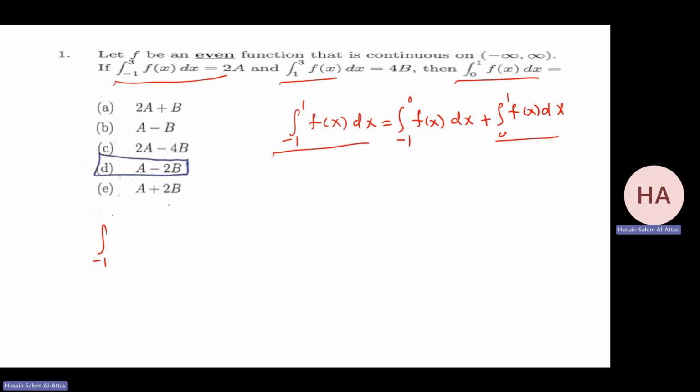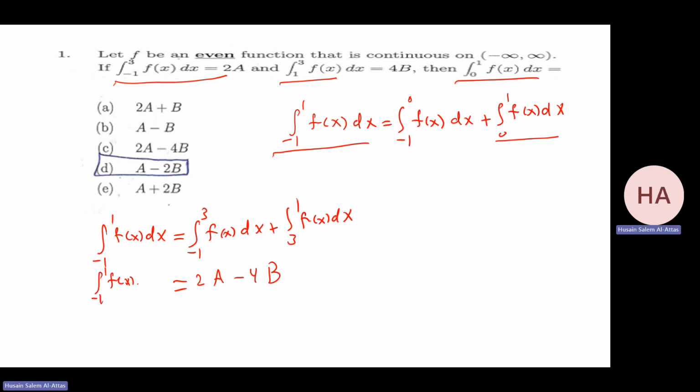You know, minus 1 to 1 will be what? Minus 1 to 3 plus 3 to 1. Which is what? Which is 2a minus 4b. Because this is instead of 3, 1, 1 to 3. So this is minus 1 to 1 of f of x dx. And this one is 2 times 0 to 1 of f of x dx.